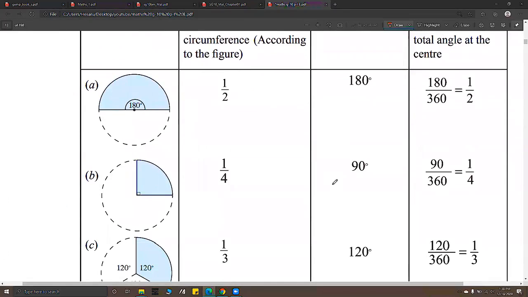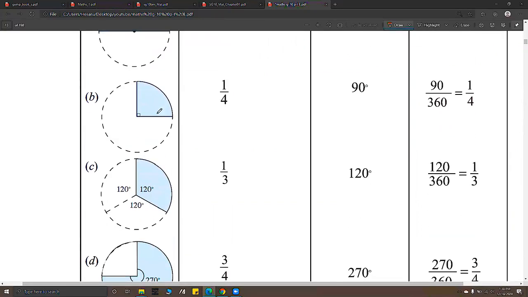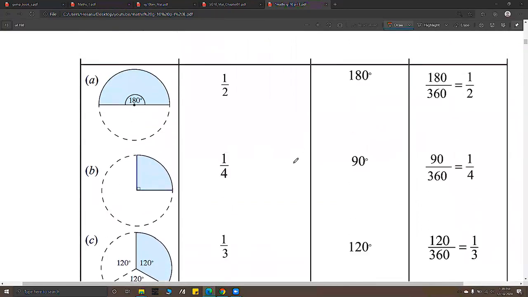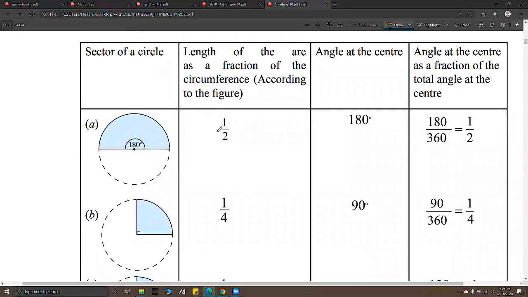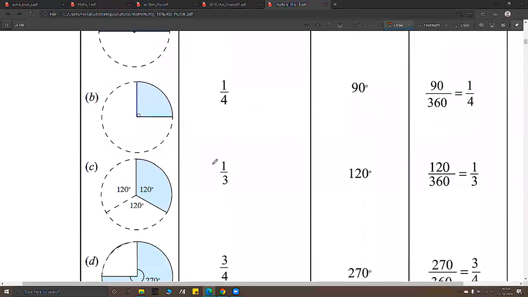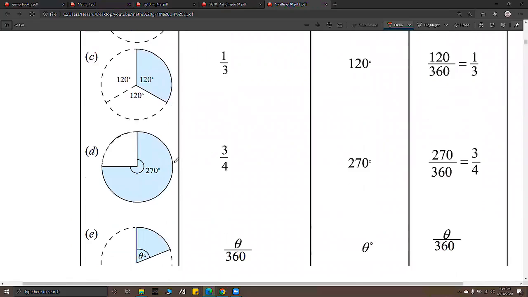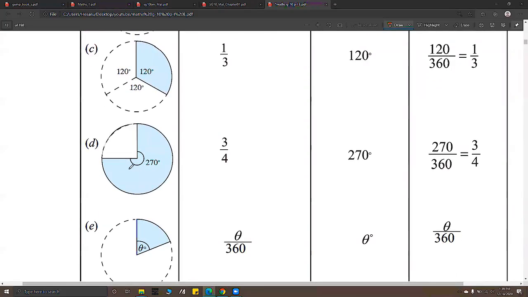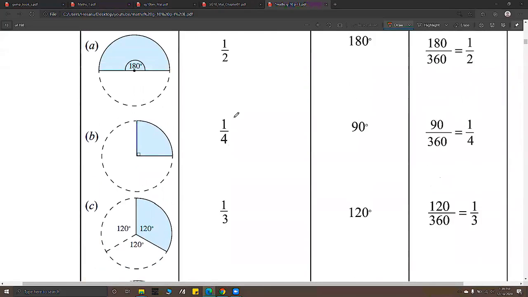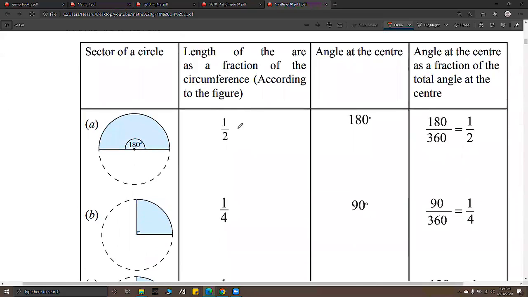So they have given it in a tabular form. It's 1 over 2 for 180, and this is quarter. Don't try to memorize this. You can get the half by taking 180 over 360. It's half.